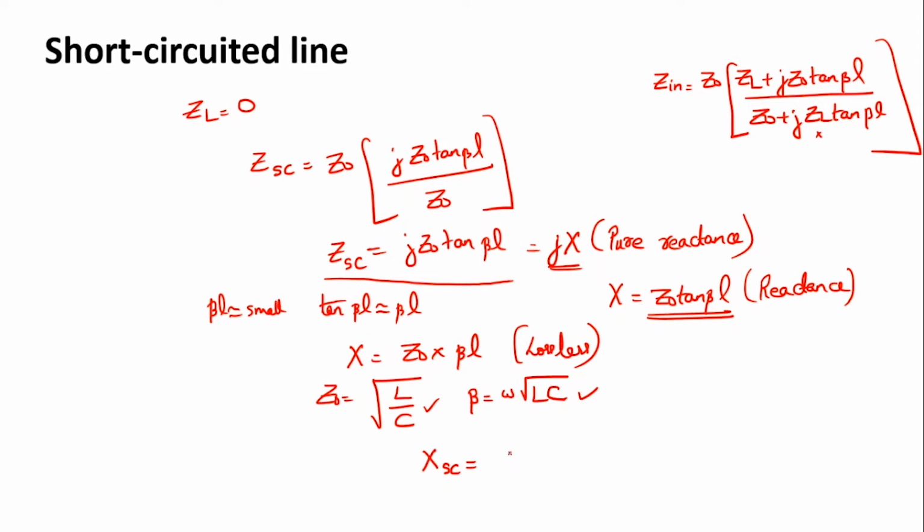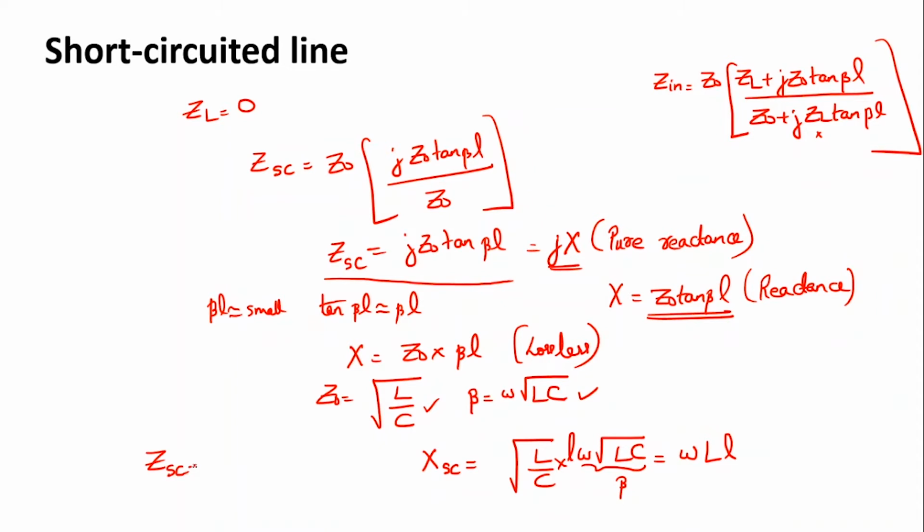XSC is equal to square root of L by C into ω square root of LC into l. This can be written as ωL into l, where l is the length.